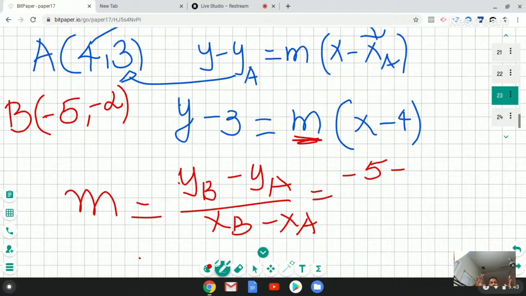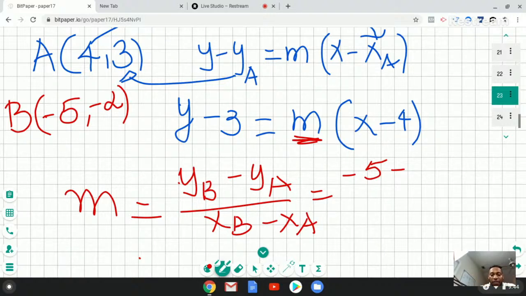You could think of it that way, but normally you would say rise over run. How far apart they are in terms of height: the point B was at -2, and the point A is at 3.